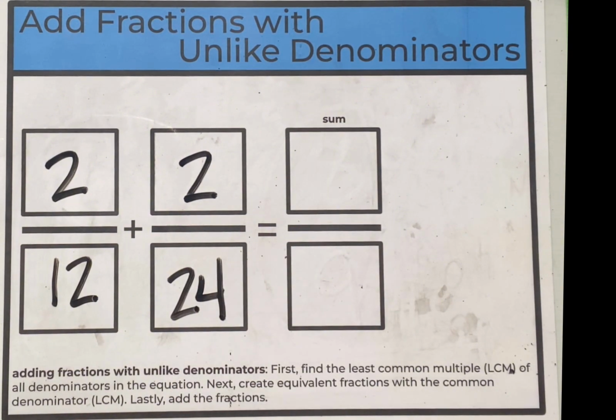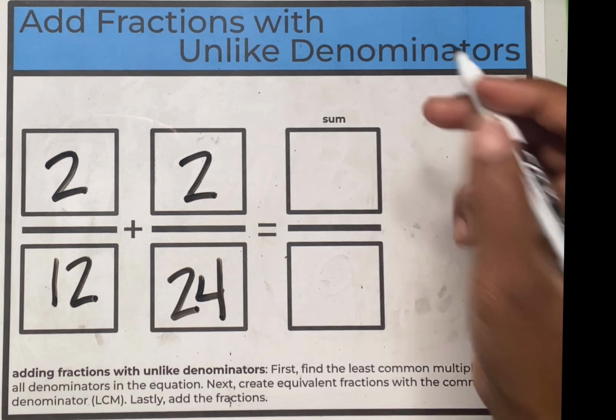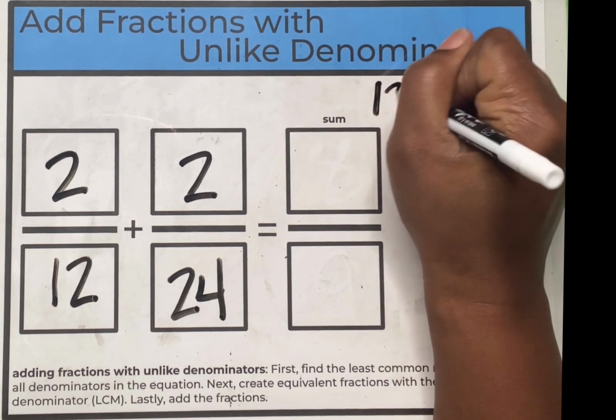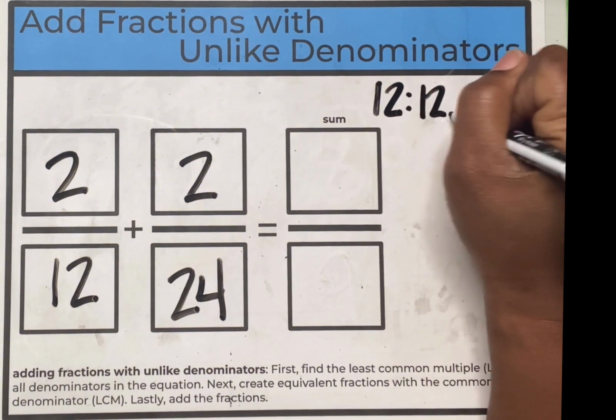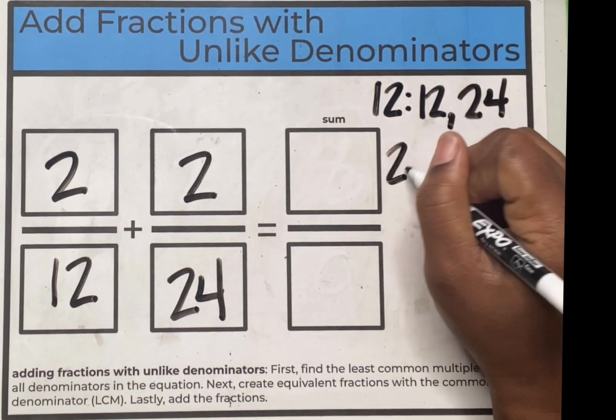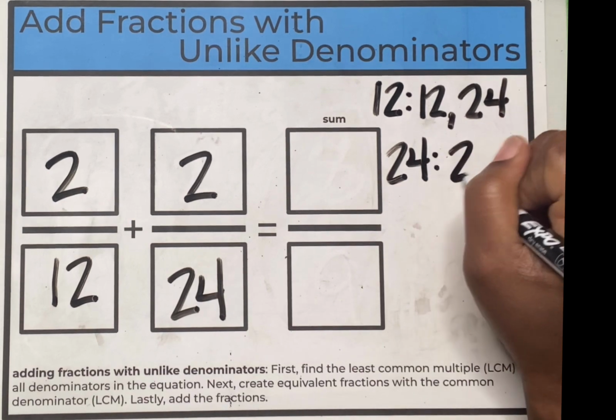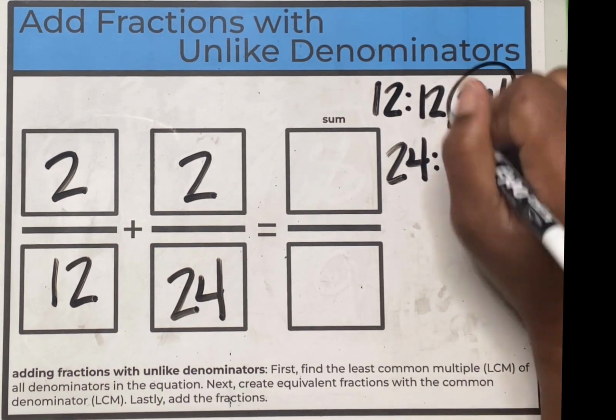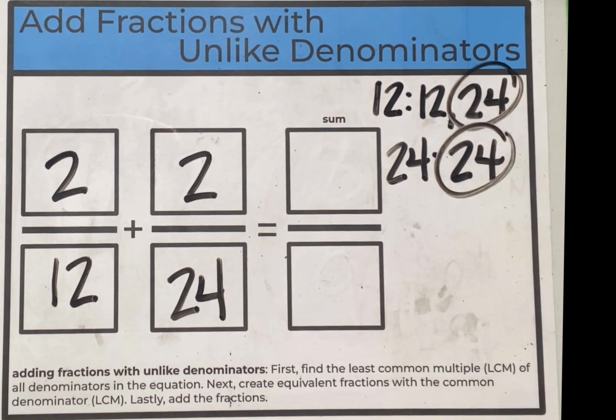Again, step 1 is to list our multiples, right? 12, 24. Bam. I'm going to stop right there. Why am I going to stop? I already see the smallest one they have in common. It's going to be 24.